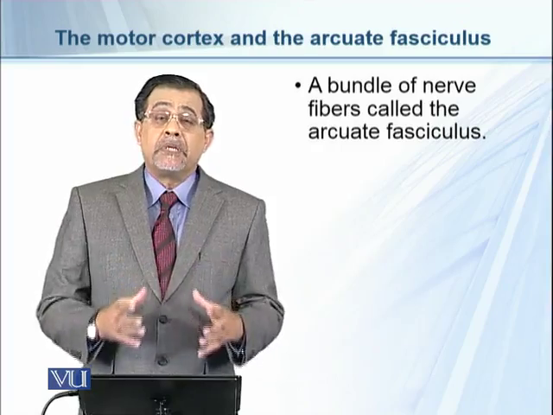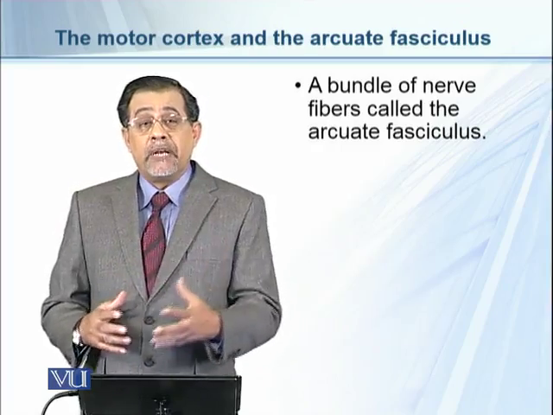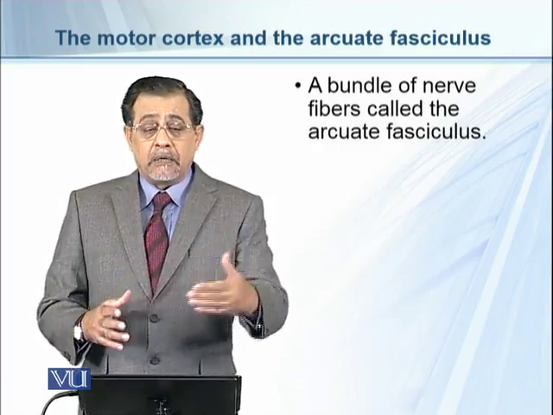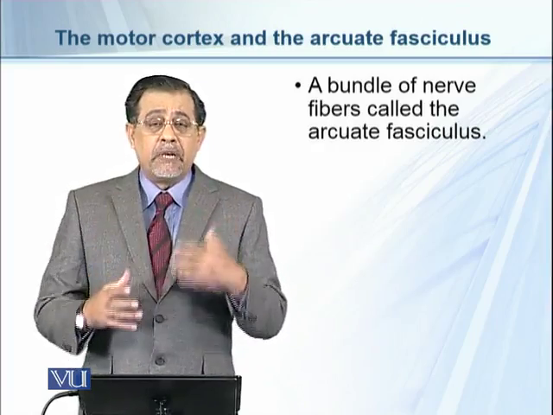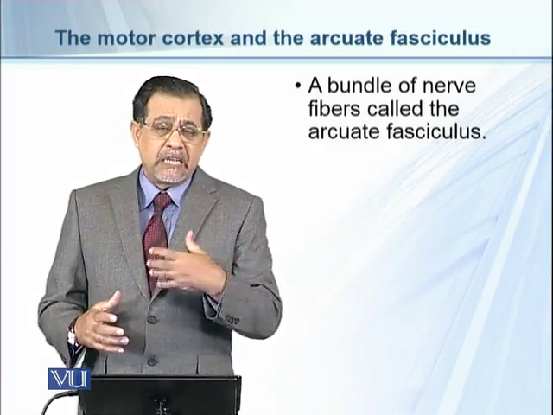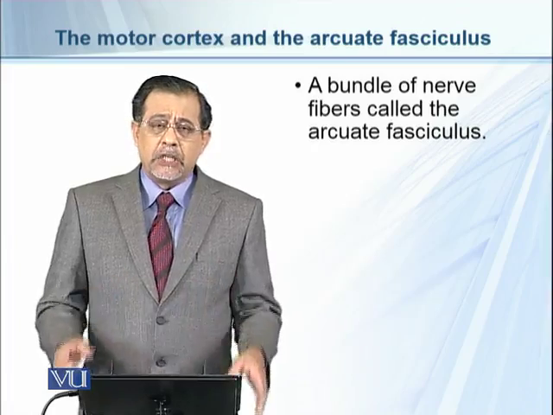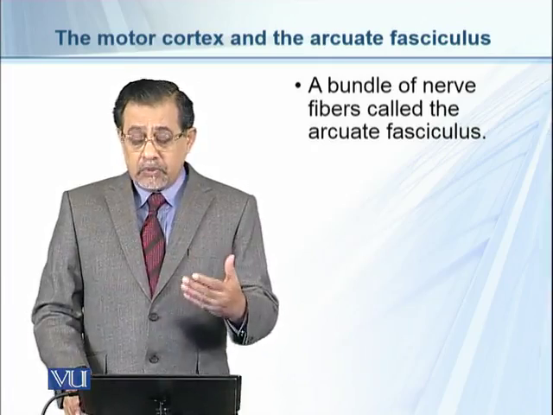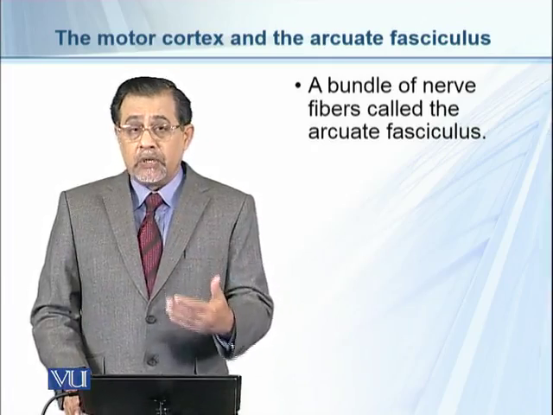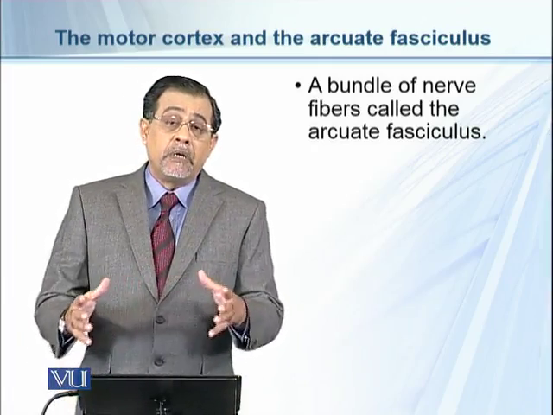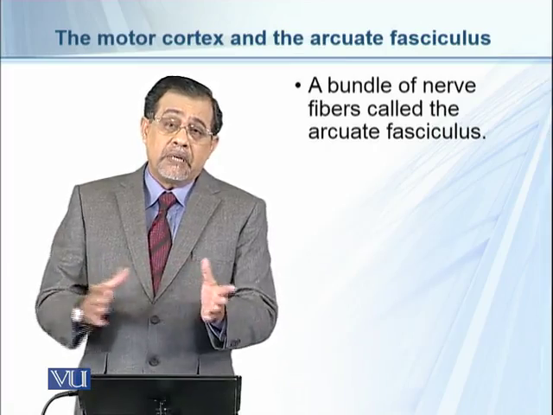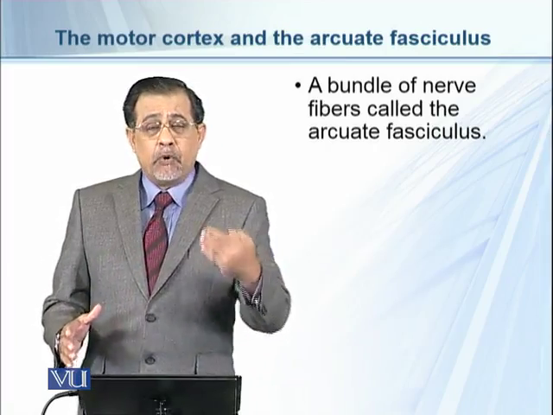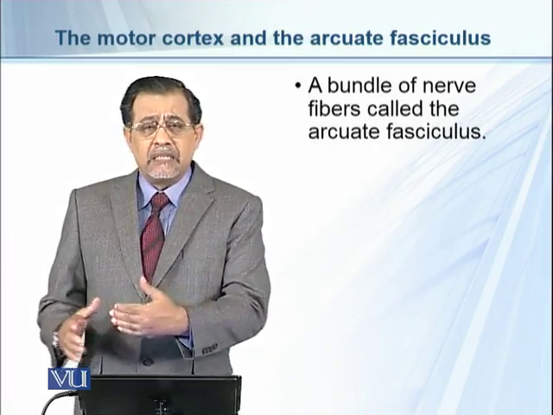They help us in the movement of our limbs as well as the movement of our muscles that are responsible for articulation, and especially this arcuate fasciculus is responsible for a link between Broca's and Wernicke's areas.